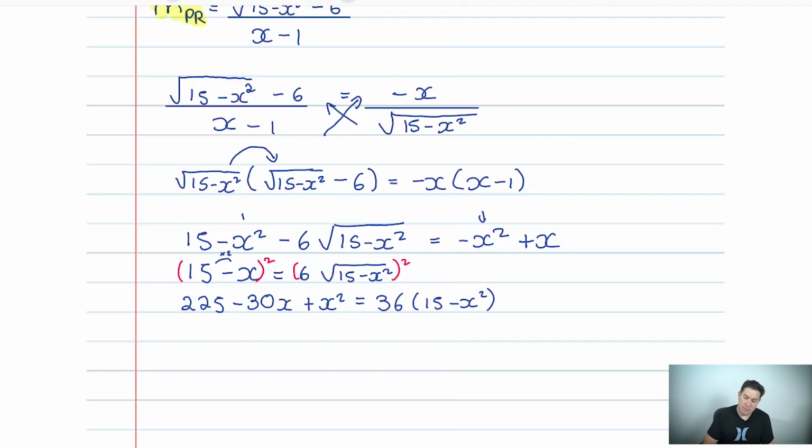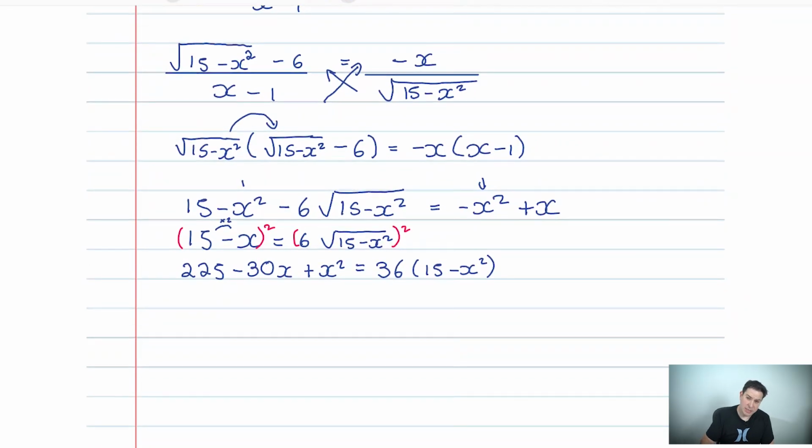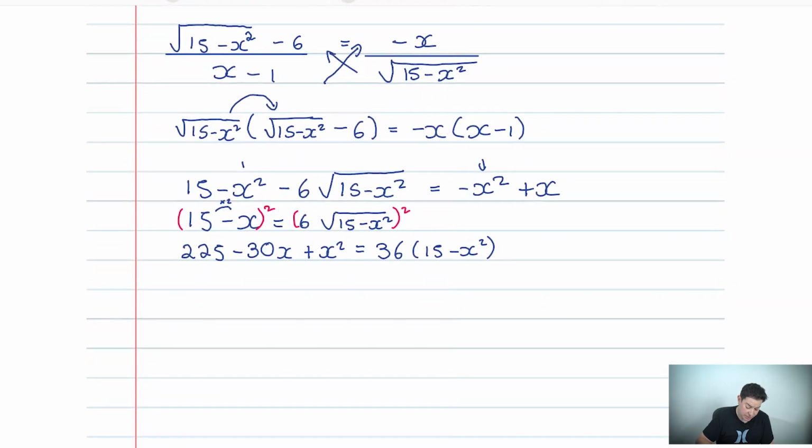In a question like this with big numbers, please don't be afraid to use your calculator. I'd rather you spend an extra 30 seconds getting the answer right than making a silly mistake because you didn't use your calculator. So this is 225 minus 30x plus x squared equals 36 times 15, which is 540, and then minus 36x squared.